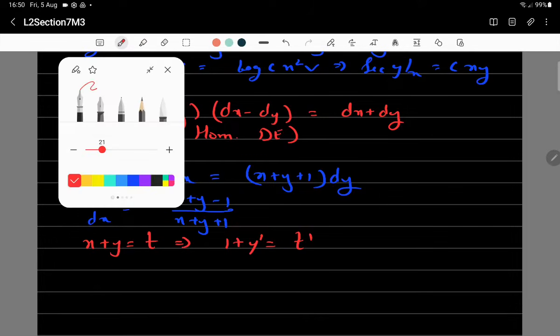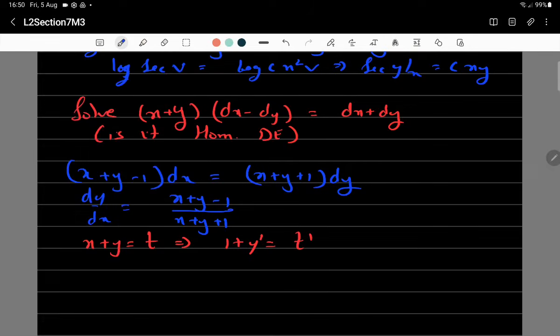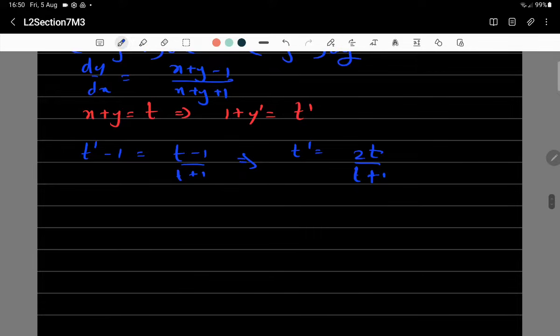So solving it, y dash is t dash minus 1, so t dash minus 1 is (t minus 1) by (t plus 1), that gives you t dash is equal to 2t by (t plus 1). Now it is clearly variable separable form, so you can easily solve it.